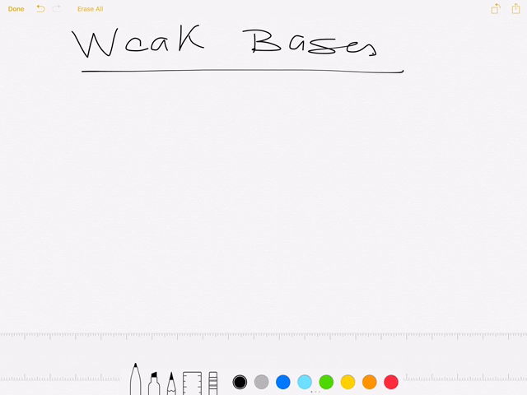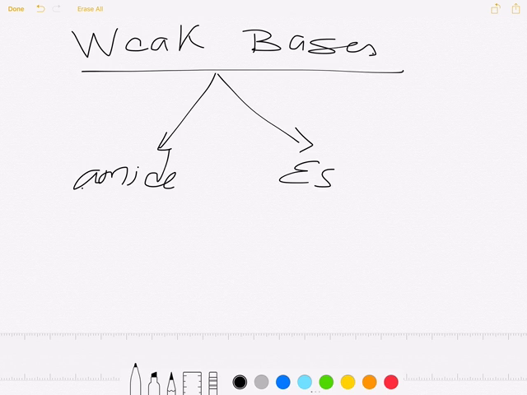There are two groups of local anesthetics. One group is called amide, and another group is called ester. From your chemistry, you remember what amide is and what ester is. Ester has an ester linkage, and amide has an amide group attached.